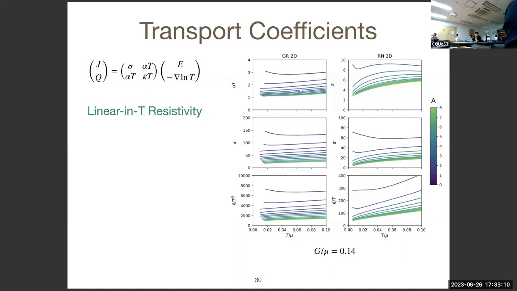Here's the plot that we get for Hartnoll-Herzog in two dimensions. Towards green is where we're really pushing the lattice, making the lattice strong. As you can see, as the lattice gets very strong, sigma times T becomes roughly constant, which means that sigma scales roughly like 1/T, which means resistivity scales like T.